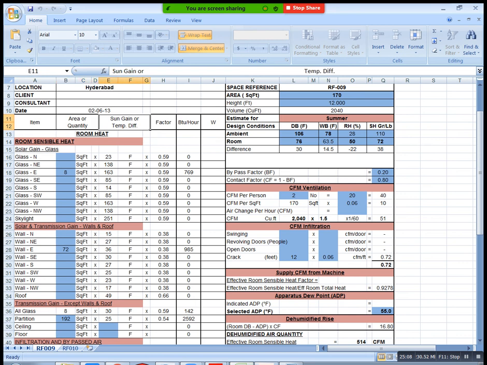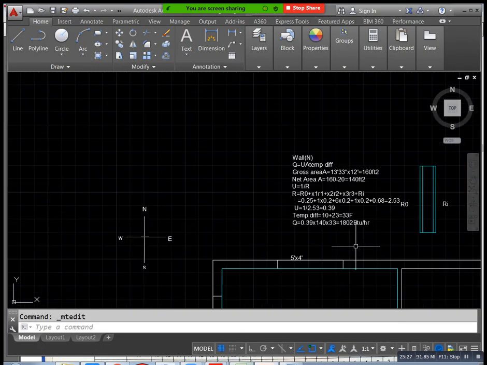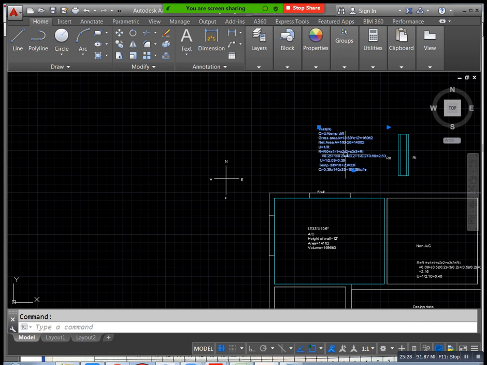Now you can mention the wall direction, west, instead of north. Just you can see, west side, same area. How much? 10 feet 6 inch. 10.6 into 12, 127.2.